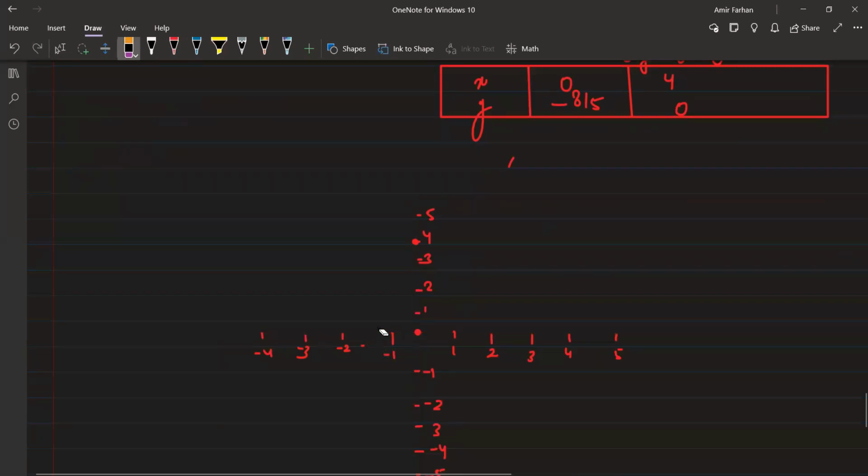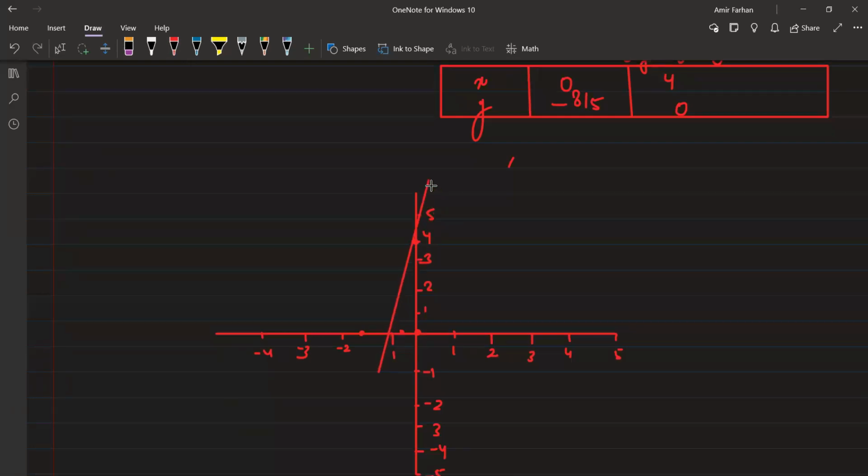It's 0.66, so it will be here, before 1. Sorry for that. Join this line. I'm drawing free-handedly, so pardon me for that. There would be just a little bit of deviation from the exact answer, because I don't have a scale right now, and this pen does not allow the scale.